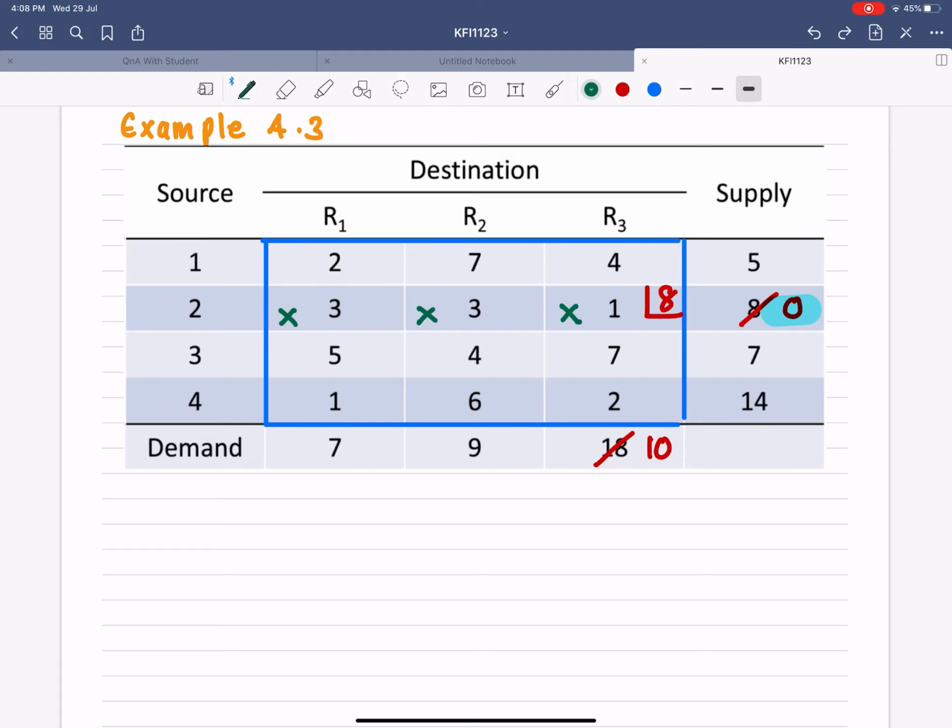So we will allocate a value here. Since this value is in the first column and in the fourth row, therefore we will compare the demand value in the first column and the supply value in the fourth row. 7 is less than 14, therefore we will allocate 7.